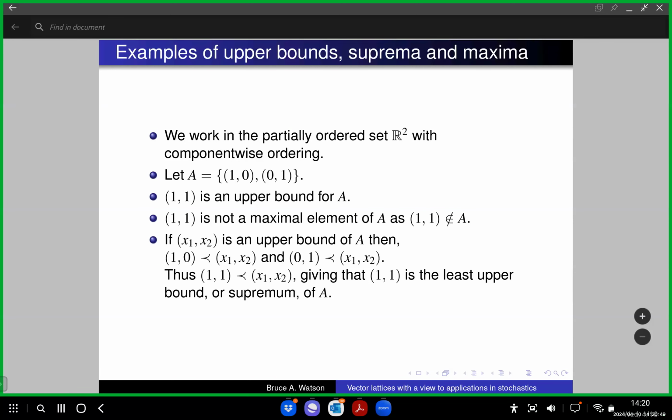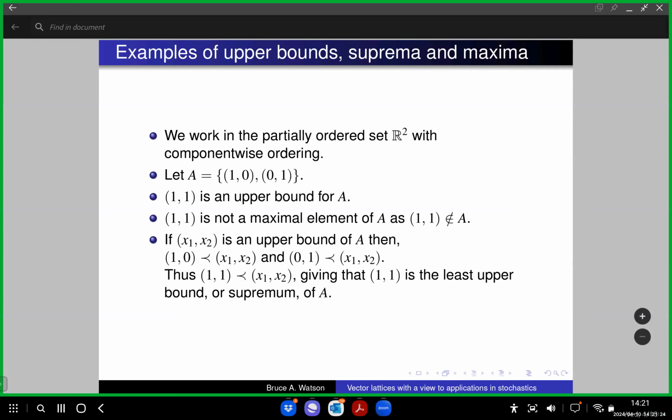Now let's return to this and look for the least upper bounds. So we want an upper bound for the set A from R2. If the vector (x1, x2) is an upper bound for A, then x1 has to be greater than or equal to 1 and greater than or equal to 0, and x2 has to be greater than or equal to 0 and greater than or equal to 1.